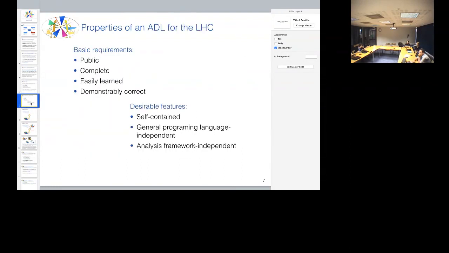So what are the properties that we, in our discussions at various workshops, including at LINQ, have arrived at? Well, the basic requirement is that this thing has to be public. Right? We want everyone to be able to access it. It has to be complete in the sense that it covers a very large fraction of the analyses that one might want to do at the LHC.